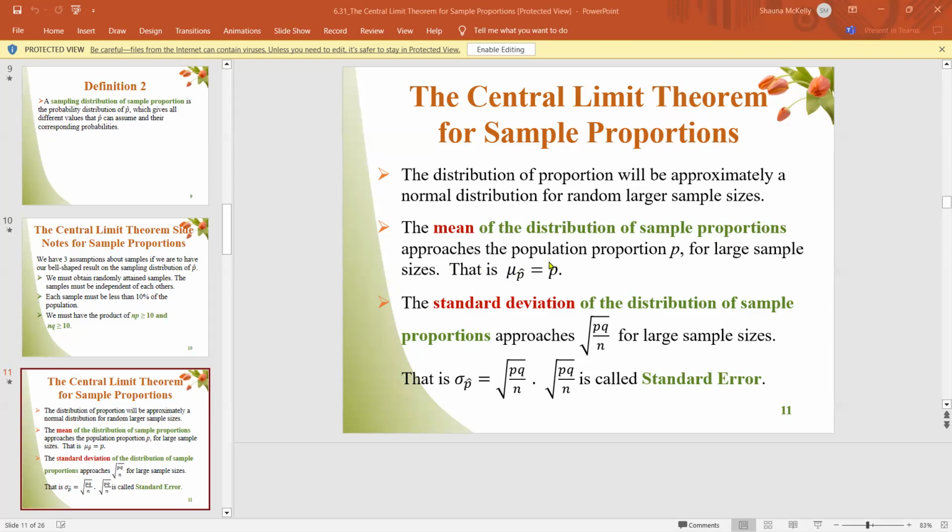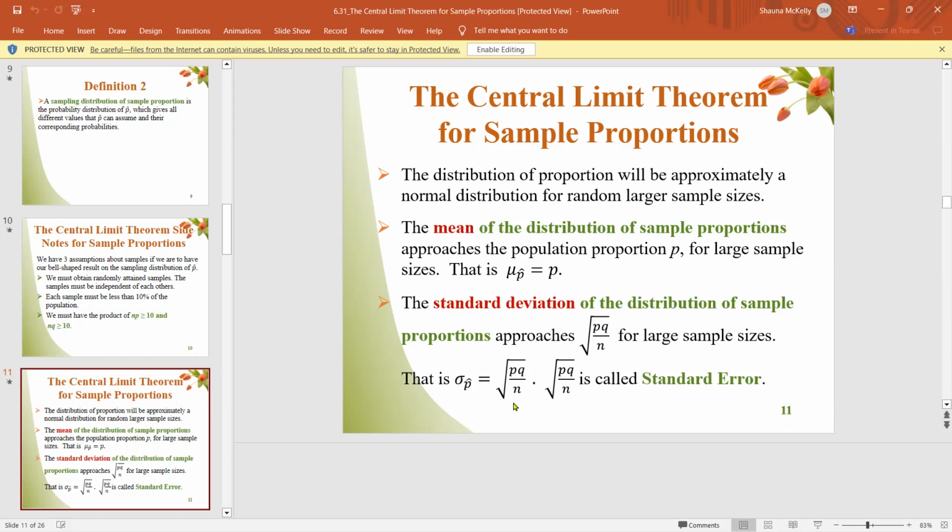And instead of sigma here, we have sigma of p hat, which is this formula here. So this is like 6.2 because you're dealing with more than one. We have a proportion and we have our standard deviation, which we call the standard error, this thing here. Okay, you with me?